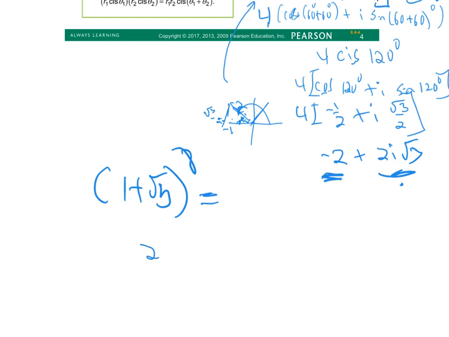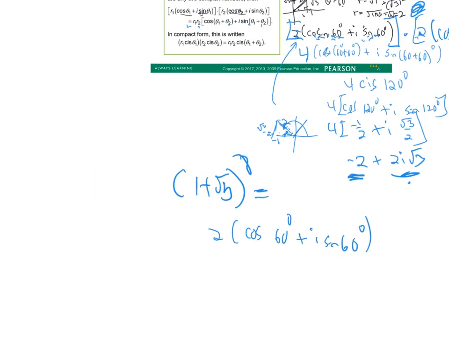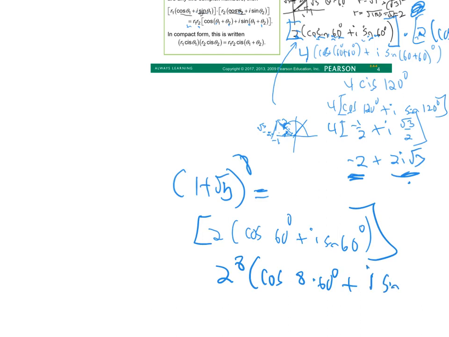That was 2 times cosine of 60 plus I sine of 60. The formula we had on the other page, that gives me, if I'm doing all of this to the 8th power, it's 2 to the 8th cosine of 8 times 60 degrees plus I sine of 8 times 60 degrees.